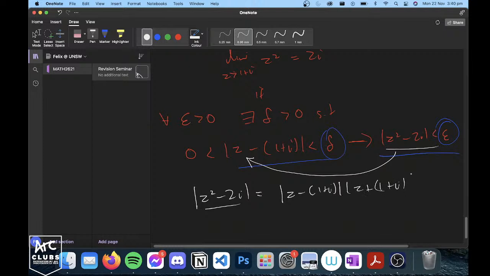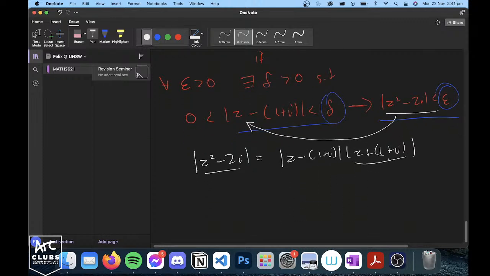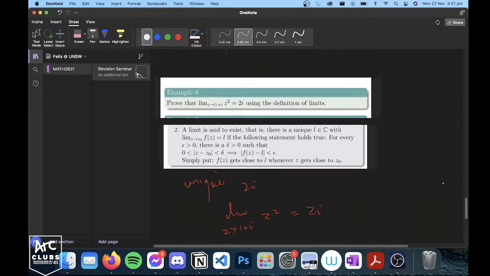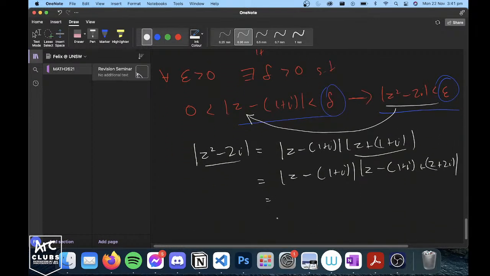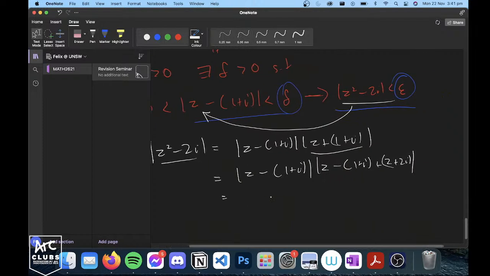Remember that we want to twist it to this chunk here. To do that, we want to express this in terms of z minus (1 plus i) as well. So we can write this as (z minus (1 plus i))(z minus (1 plus i)), and we would have to compensate by adding 2 plus 2i. Okay, this comes to a bit of a tricky bit.